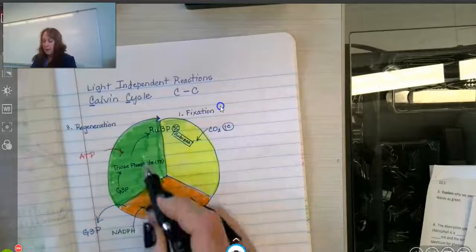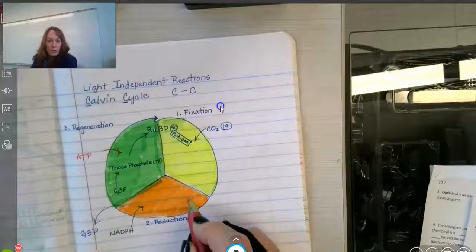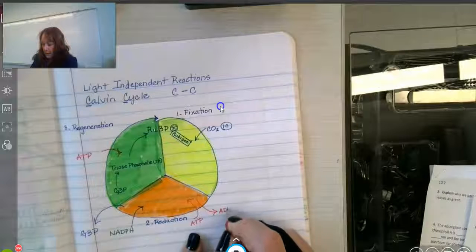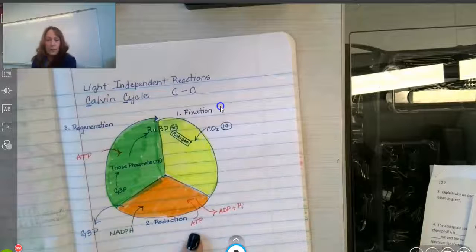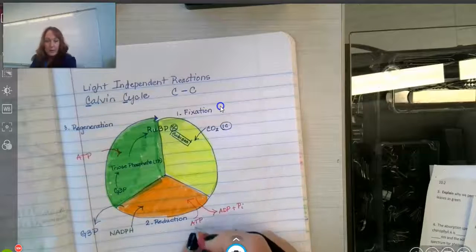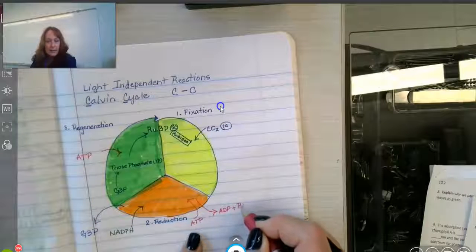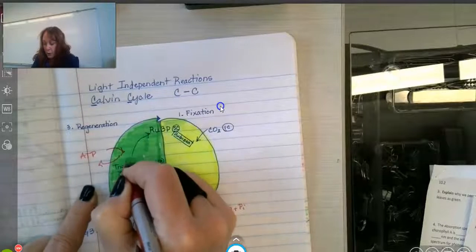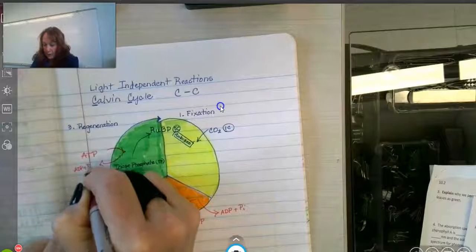So let's add a couple of details here. If we are going to use ATP, then what will come out is ADP, right? We can go ahead and put the inorganic phosphate, but whatever, because that's what happens. This is my full ATP. My empty is ADP. Same thing here. So as I use ATP, ADP is created.